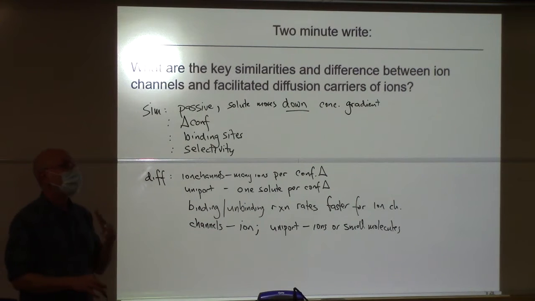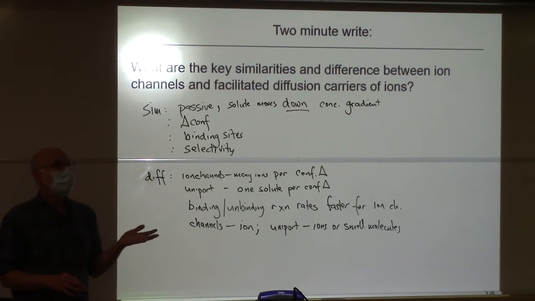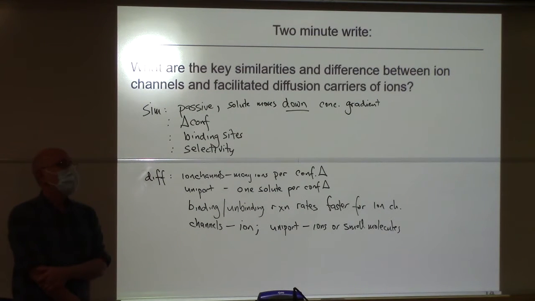So the glucose transporter transports glucose, and sometimes some other sugars, but it doesn't transport amino acids. It's selective for glucose and a few other sugars. The sodium channel is selective for sodium over potassium and calcium. That's selectivity. Good.